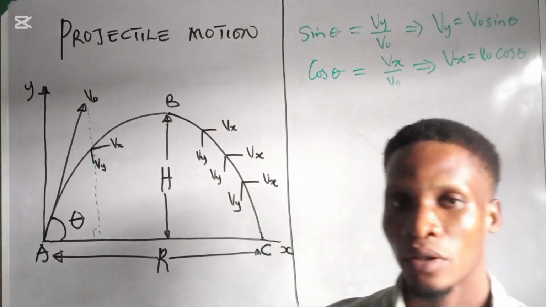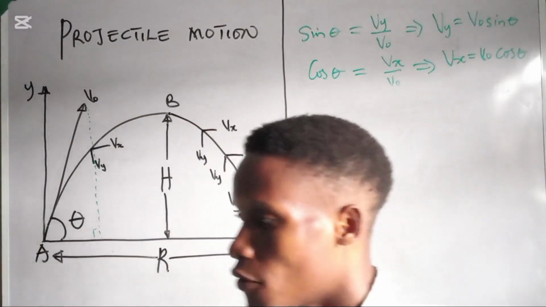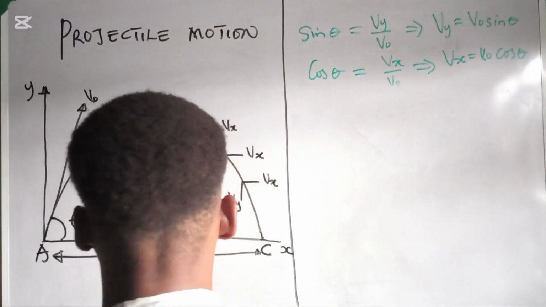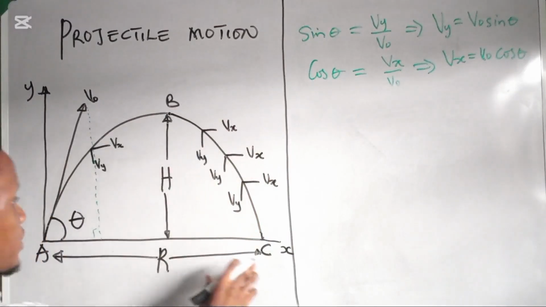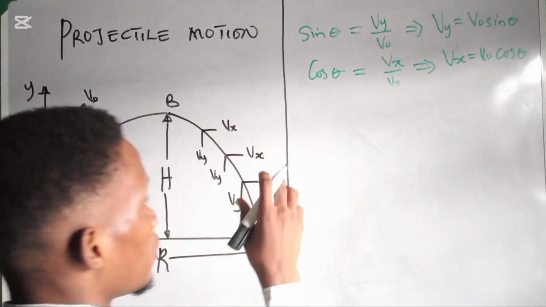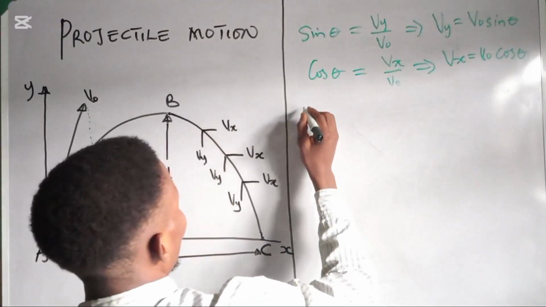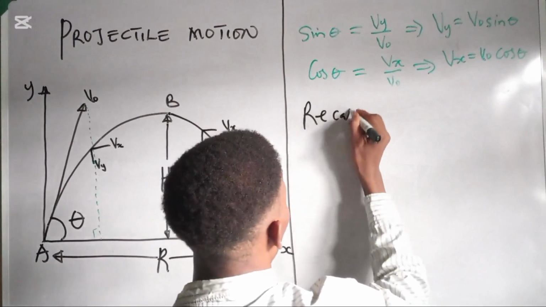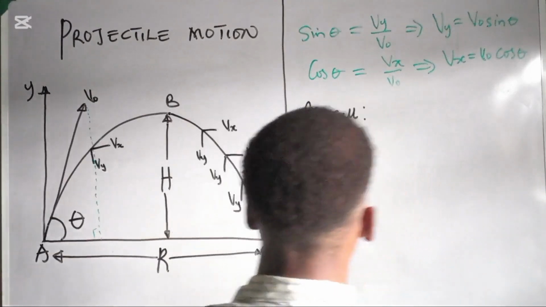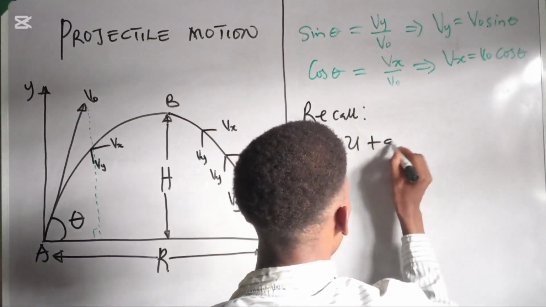There's an equation you need to recall from the equations of motion in order to get your time of flight, and even other questions like maximum height and range also need that equation. So let me recall the equation of motion that says V is equal to U plus AT.